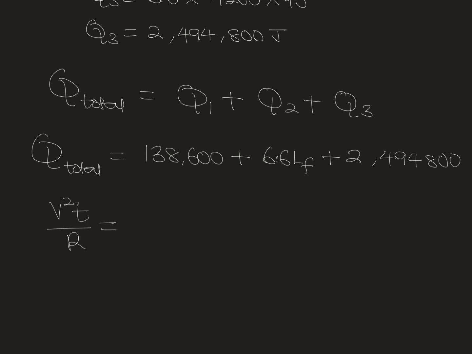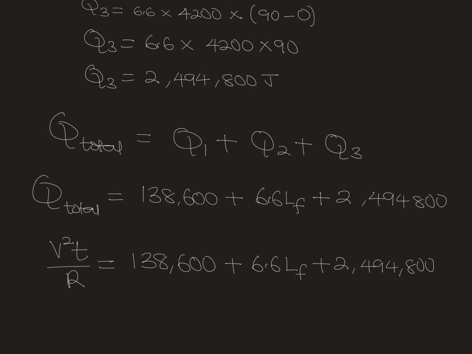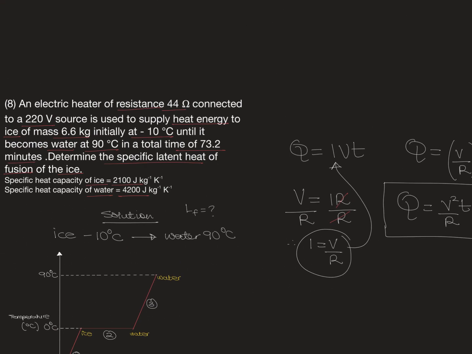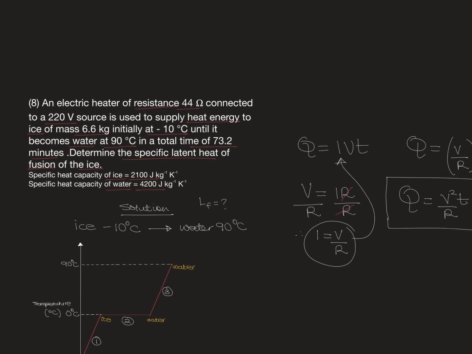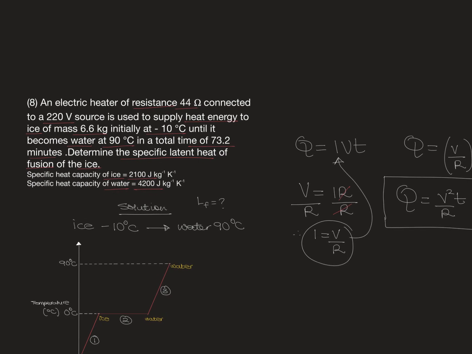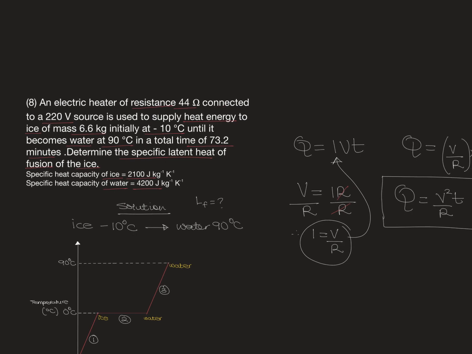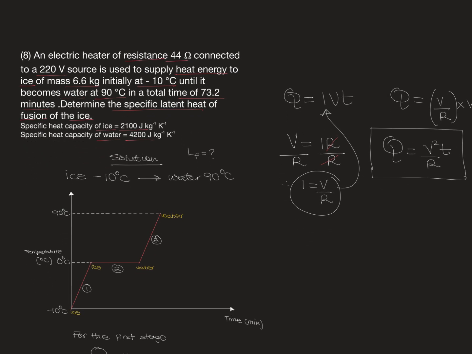So this is equal to 138,600 plus 6.6 LF plus 2,494,800. Going back to the question, the resistance is 44 ohms, the voltage is 220 volts, the time is 73.2 minutes.